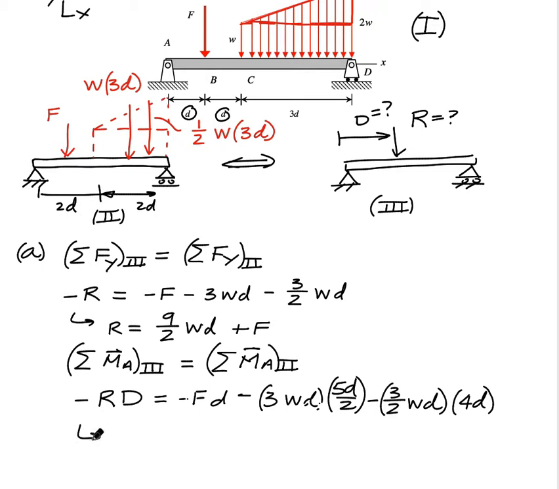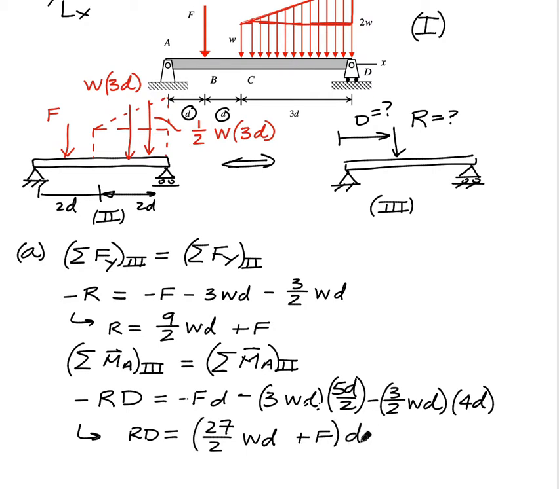So for this, I see that RD is equal to, what do we have there, 27 over 2 WD plus F with the D factored out.